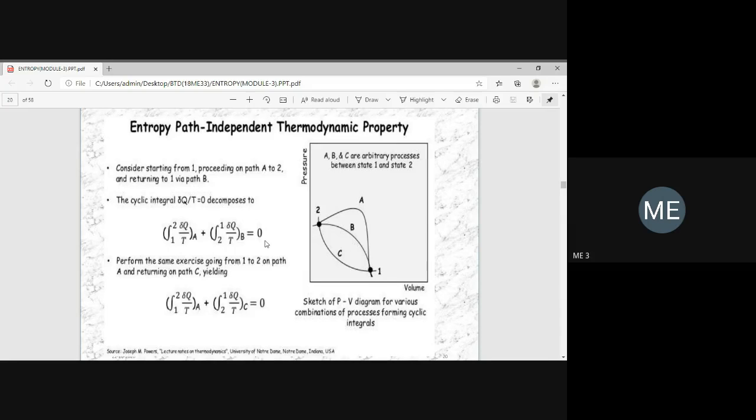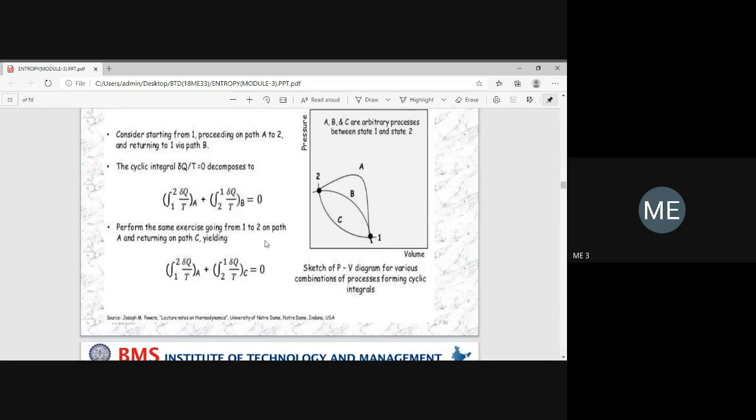Now I am considering 1 to 2 by following path A and returning from 2 to 1 by following path C. That executes a cyclic process.